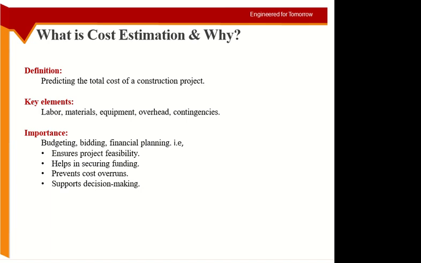Then it also helps you with your financial planning. How much cost will you need for the whole project, so you need to arrange it, right? The client or the contractor may not have the full cost of the project in their hands from the start. Usually it happens on construction projects that the money is rotating.